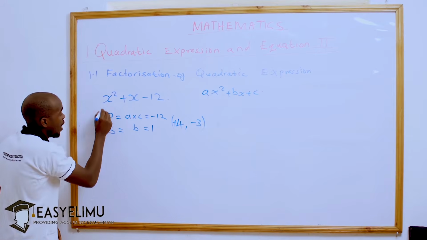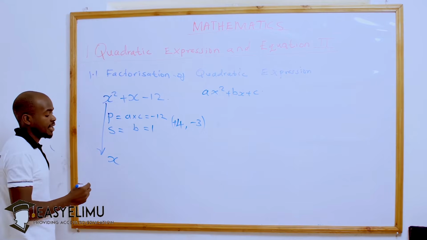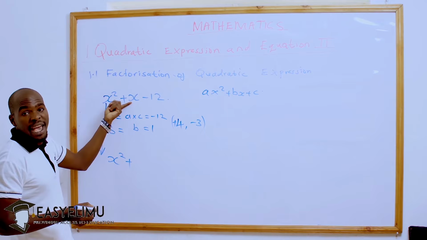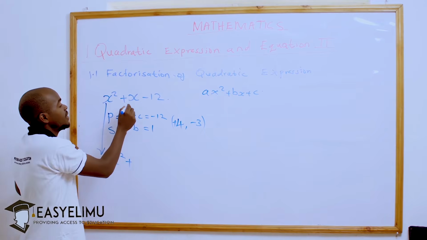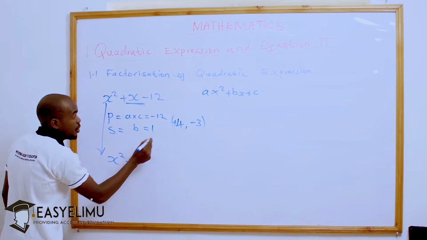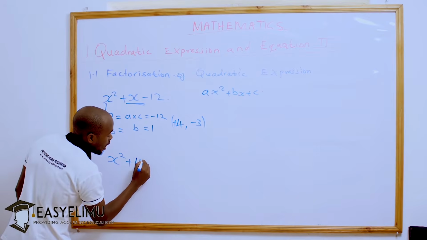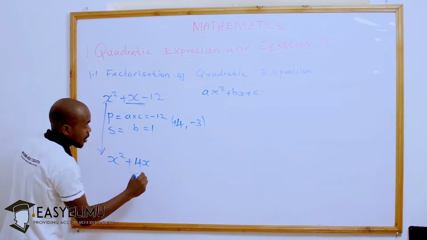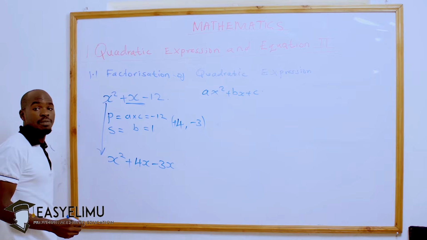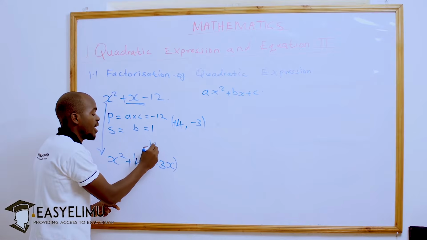For instance, I will rewrite that equation here down as x squared plus, where there is bx, I am going to replace it with positive 4 with the variable x, then negative 3 with the variable x, because this is now representing the value of bx.